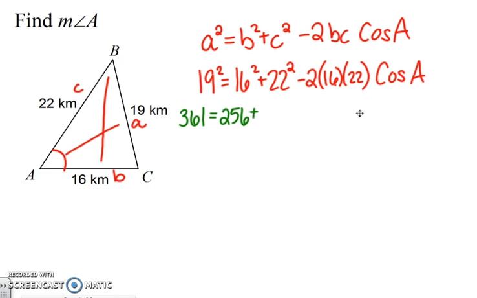And then 22 squared is 484. Minus 2 times 16 times 22 is going to be 704 cosine of A. So first off, you just want to simplify all of the numbers that are being multiplied together.